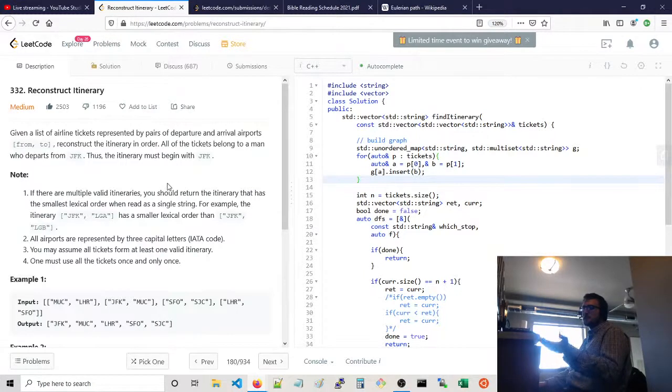When you finish your recursion, you go back and pop it from the back of the vector. So going in, you remove the edge from the graph and push a new value to your result vector, and once you finish your recursion, you pop that value off the resulting vector and add that edge back to the graph, because now we're going back to the previous state.